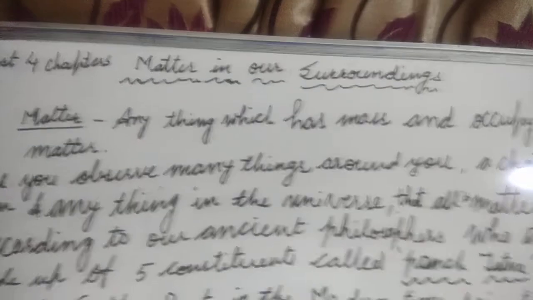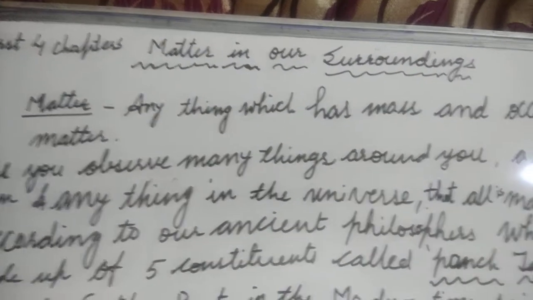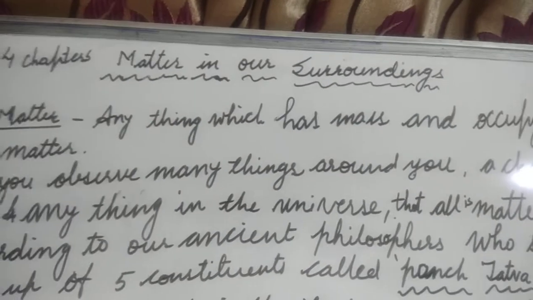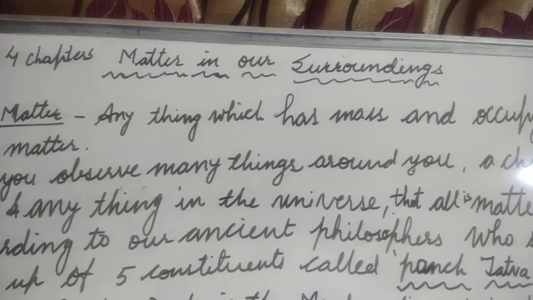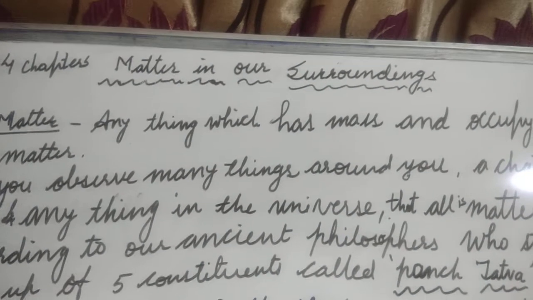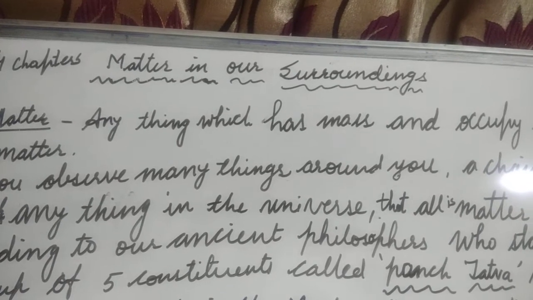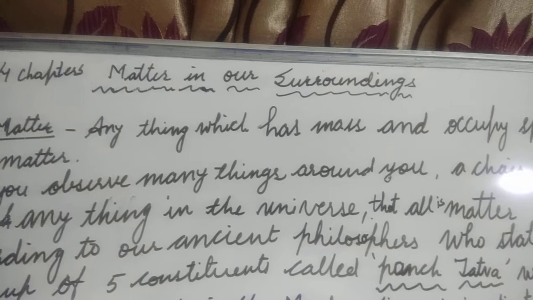I am telling you students, if you observe around you, everything, whatever you are observing is matter, because that particular thing is having some mass in it and definitely it will occupy some space.